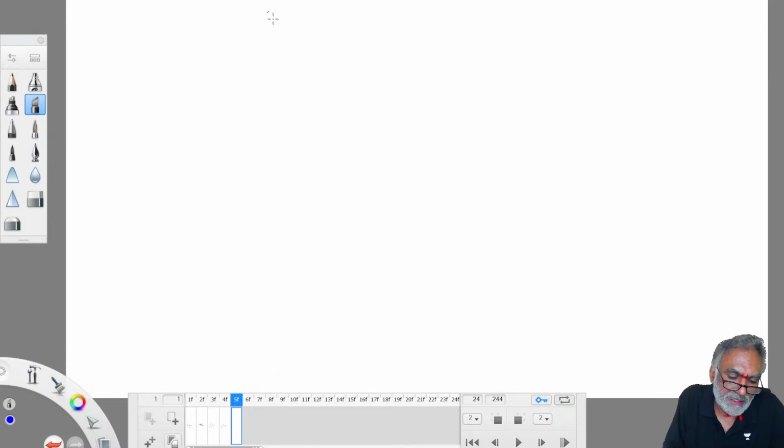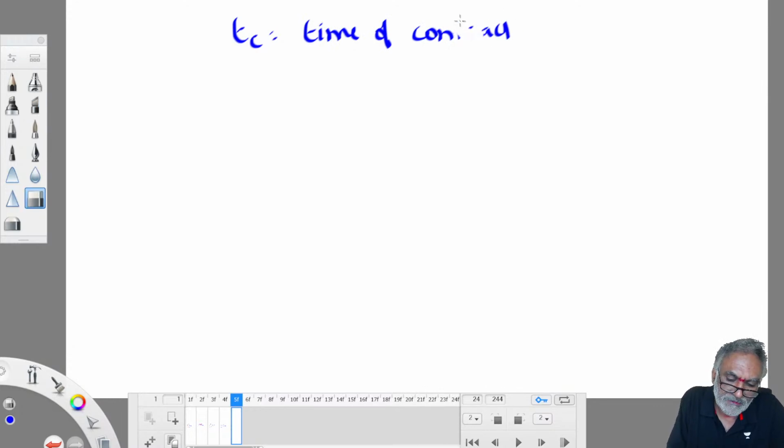So in this equation, TC is known as time of concentration. Time of concentration is a function of catchment factor as well as drain factor. Normally we work it out in minutes.